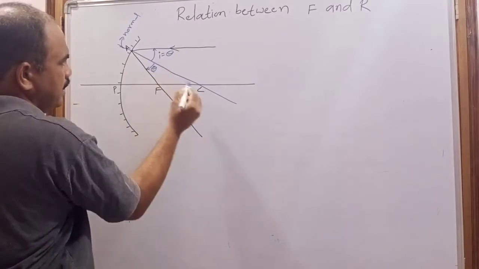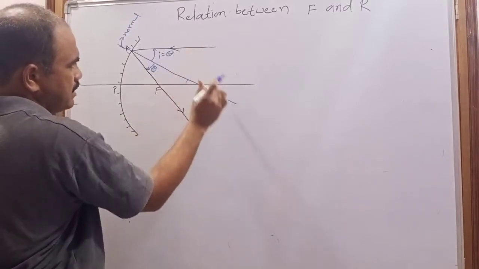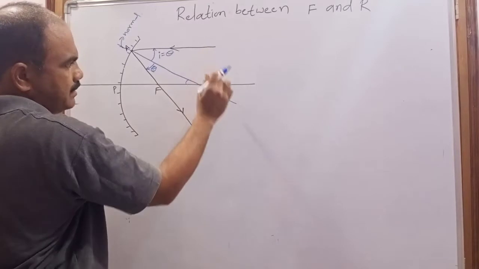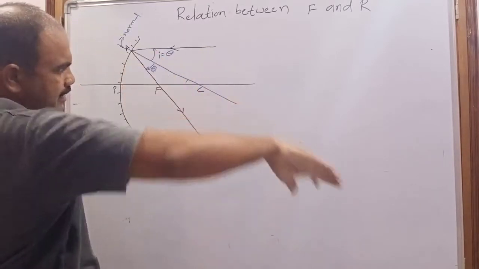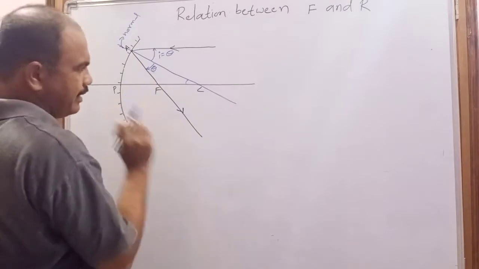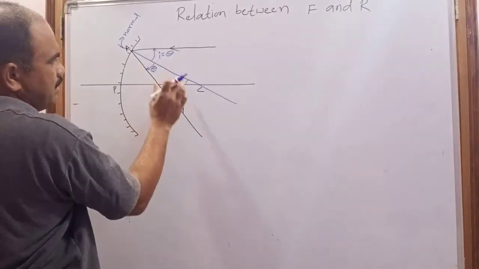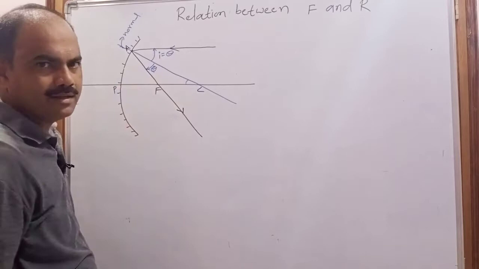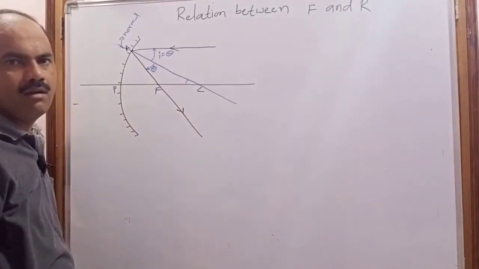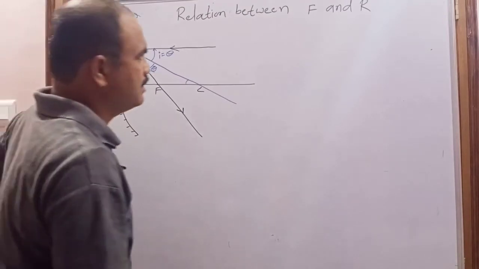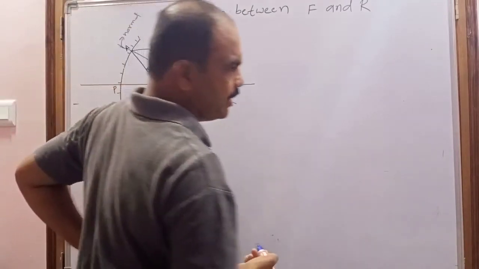Now when you observe this line, there is an angle and this is the angle. These two lines are parallel, and these parallel lines are intersected by another line. That's why these two are called interior alternate angles. You already learned this in geometry.